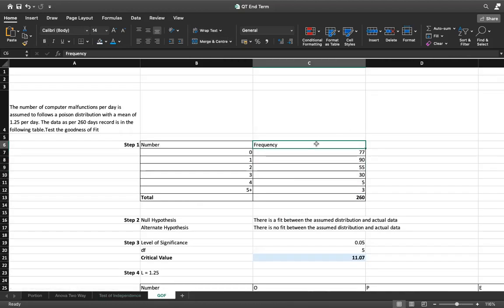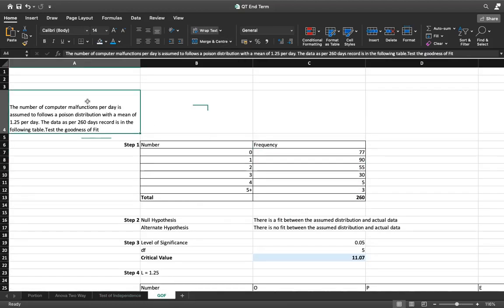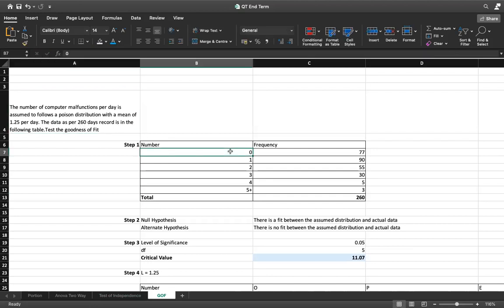I just have one. So the number of computer malfunctions per day is assumed to follow a Poisson distribution with a mean of 1.25 per day. Your mean of 1.25 per day basically makes up your lambda value. And the data as per 260 days record is in the following table.